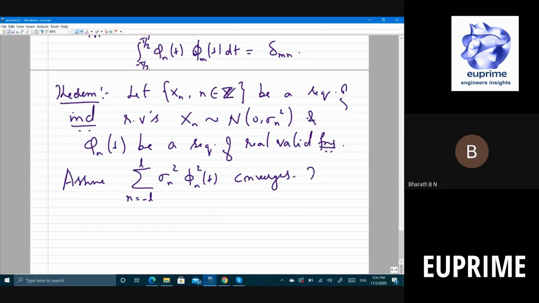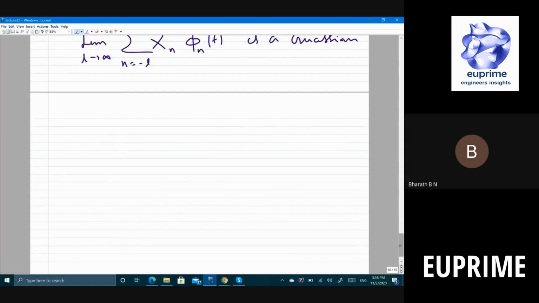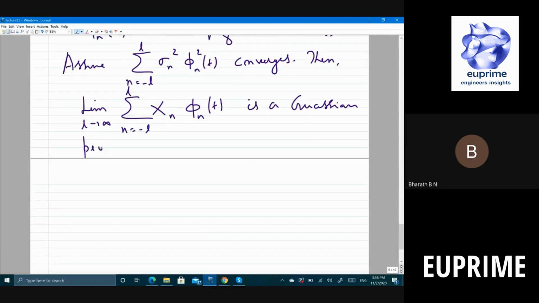Then the limit L tending to infinity of the summation n equal to minus L to L of X_n phi_n of t is a Gaussian process. So what is this theorem saying?